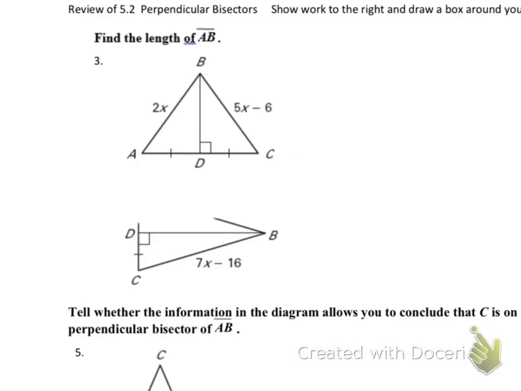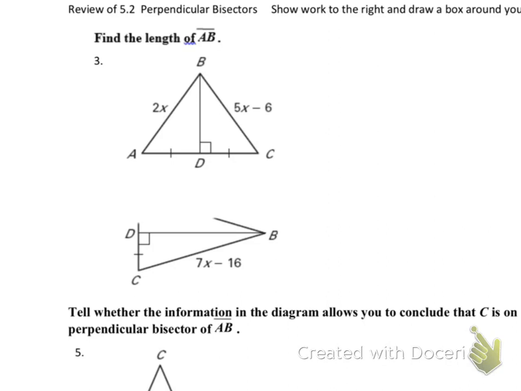All right, in question number 3, it asks us to find the length of AB. So AB is one of the legs of the triangle. So I need to figure out what's going on in this triangle. And what I see is that BD is coming down, and it is a perpendicular bisector of AC.